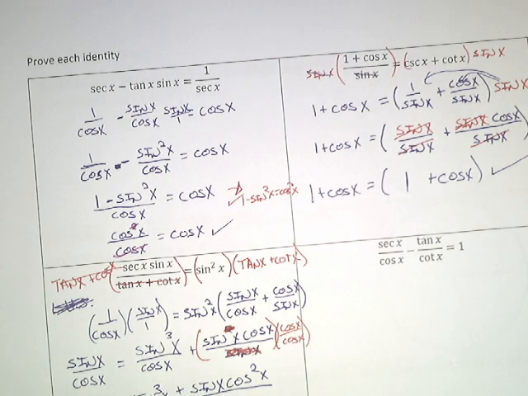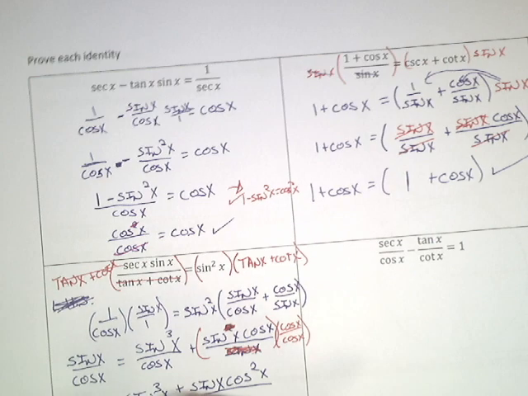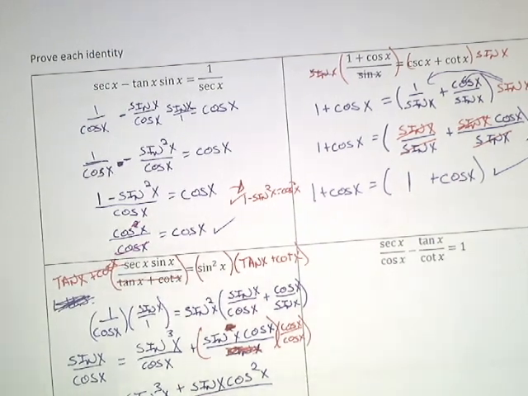Great. Cosine x is going to cancel out cosine x, and multiply both sides by cosine x.